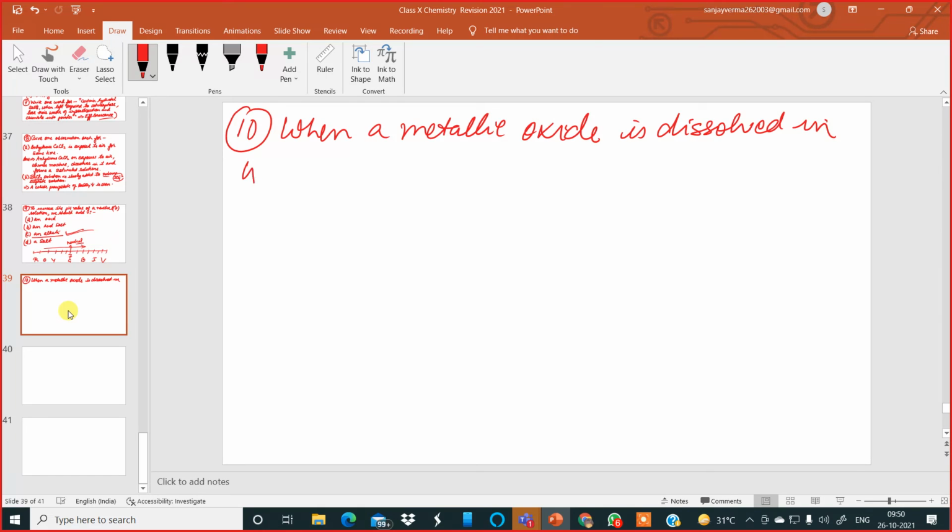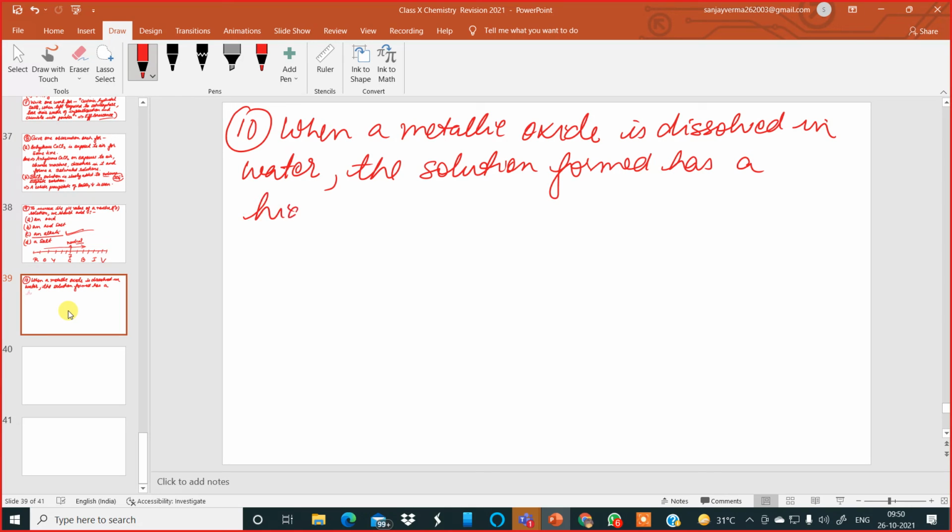When a metallic oxide is dissolved in water, the solution formed has a high concentration of dash ions.